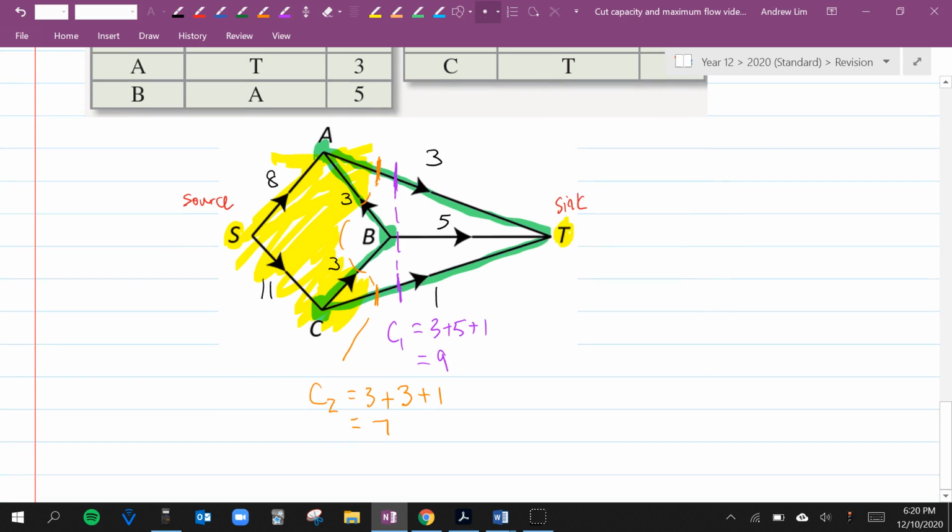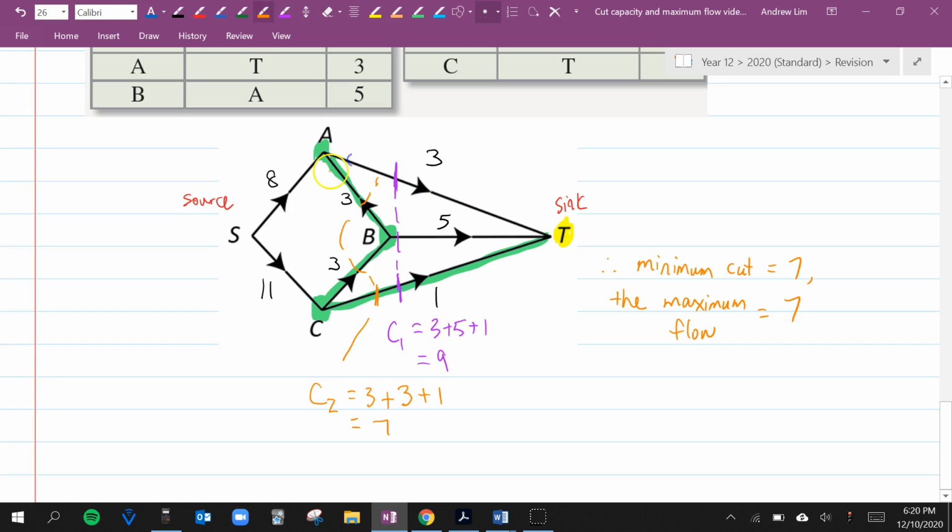cut, and it is. So therefore, because the minimum cut is 7, the maximum flow is 7. Okay, so I know we're looking at this diagram and we're thinking, let me just get rid of all this.